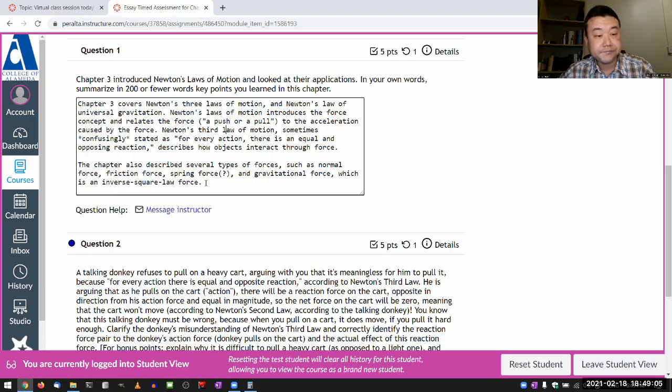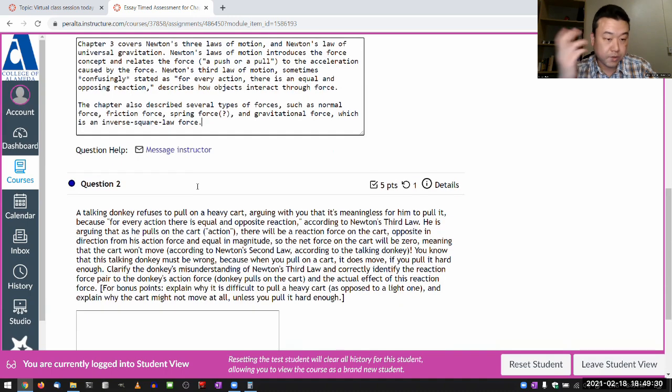Yeah, and the chapter covers other things like microgravity, which appeared in one of your essay assignments, and other things. But the intent here is not that it needs to be comprehensive; it's that it illustrates what you learned, what you consider to be highlights of the chapter.